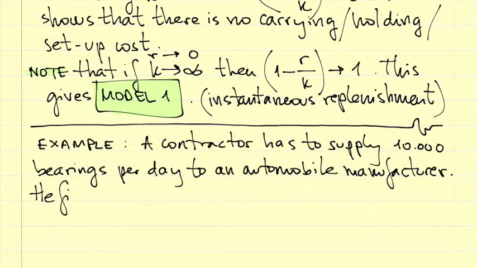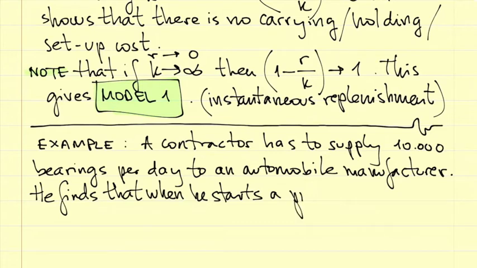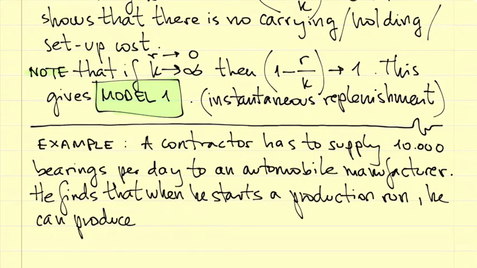He finds that when he starts a production run, he can produce 25,000 bearings per day.